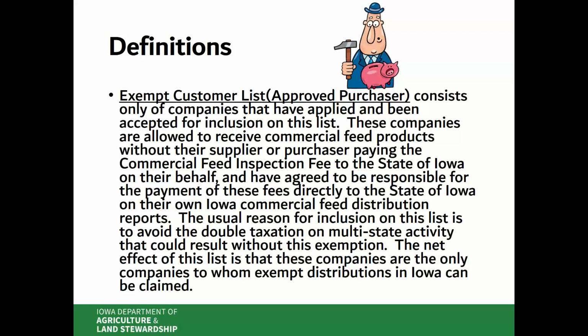The reason usually for this inclusion on the list is to avoid double taxation on multi-state activity that could result in exemption. The net effect of this list is that these companies are the only companies to whom exempt distributions in Iowa can be made.